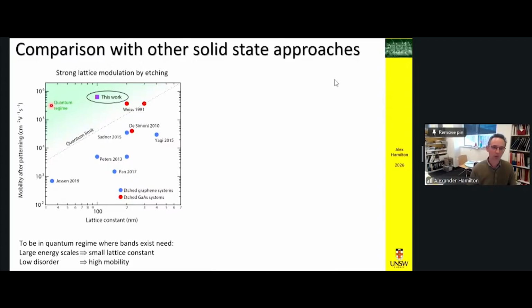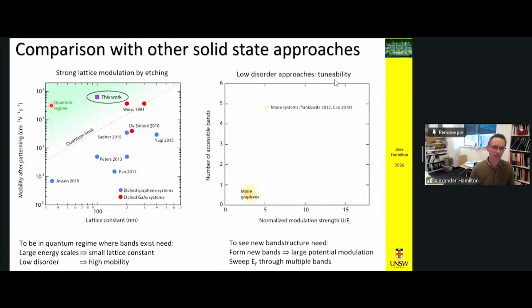Of course, you also want to be able to not just create a lattice, you want to be able to tune it somehow. What you might want to tune is shown here: on the x-axis, how strong the modulation you're applying is, and on the y-axis, how many bands you can fill in your artificial band structure. So for moiré graphene, the modulation strength is about 4 times the Fermi energy, and you can tune through 1 or 2 bands.